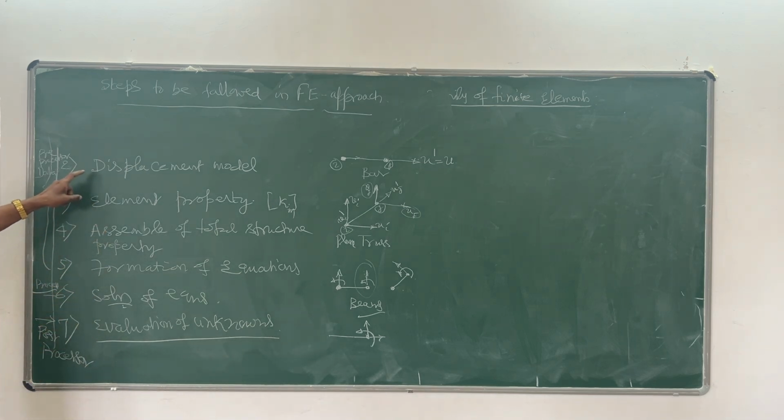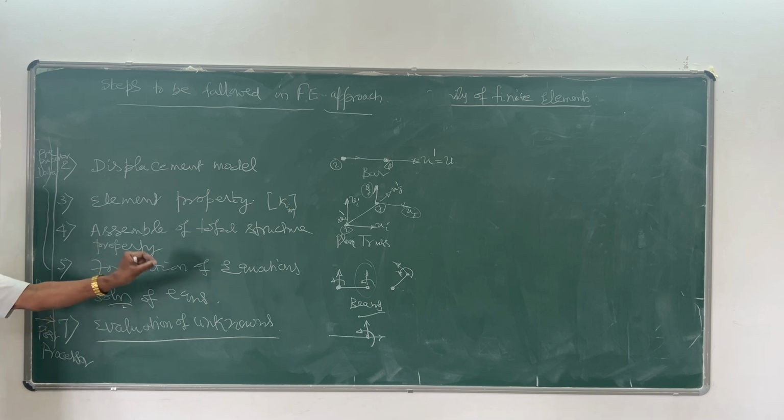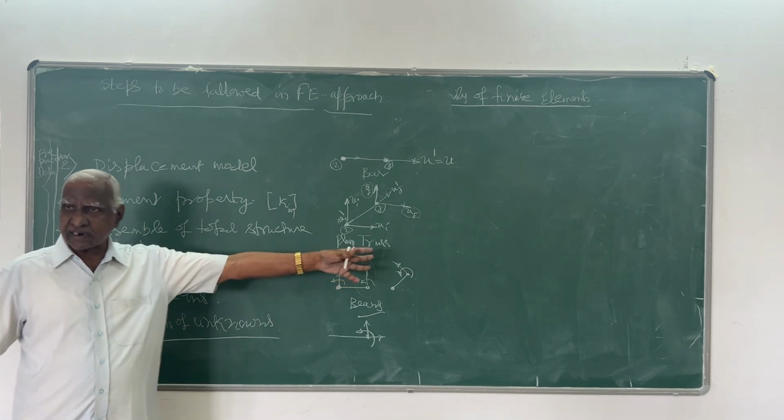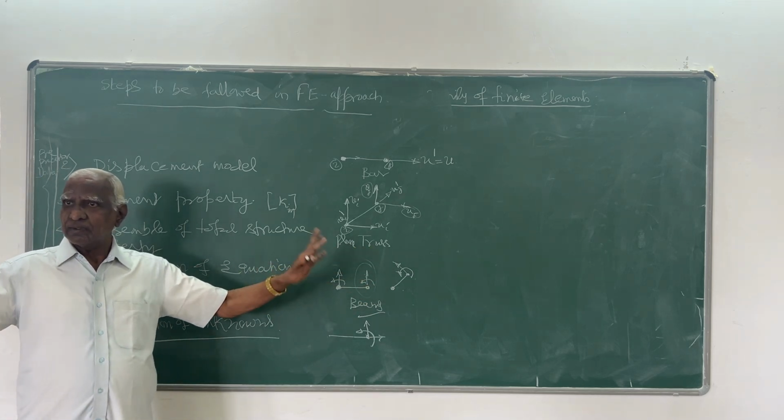And we have to select the model, having understood the type of degrees of freedom. I'm not talking about kinematic indeterminacy. Kinematic indeterminacy refers to the unknown displacements to be determined during analysis. That is, the restraints will be removed, because each joint in a structure need not be free.